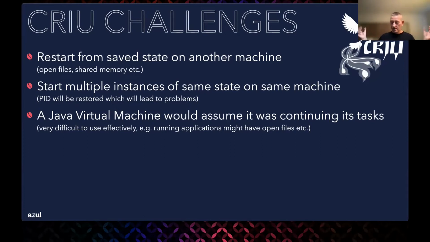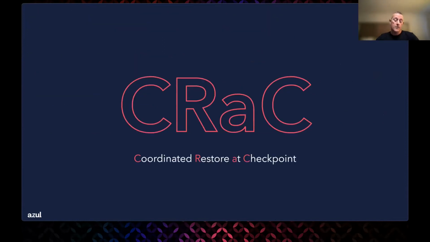So if you just shut down the JVM without telling your application that all this stuff is happening, the next time you restore it, the JVM might start, but then it will fail because your application says, oh, wait a minute, I have this file open. No, it's not open anymore. Oh, my database connection, where is it, right? These are the problems you have to take care of. So that makes it not so easy, which leads me to CRaC.